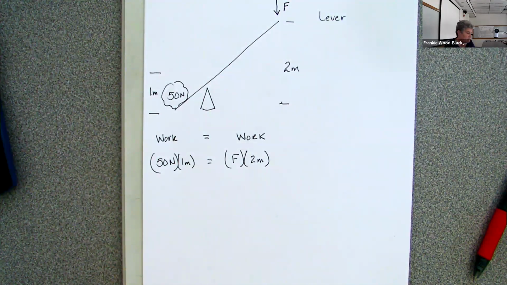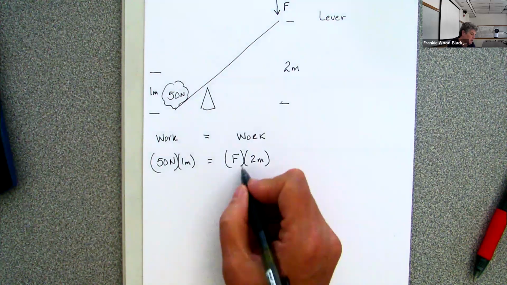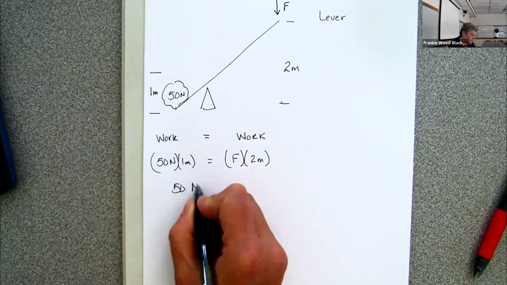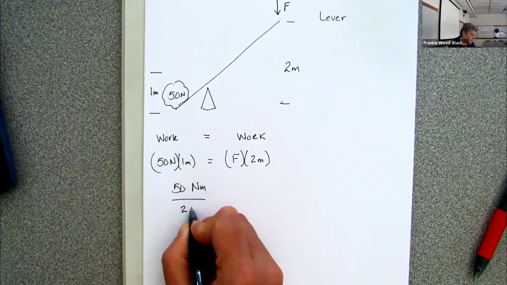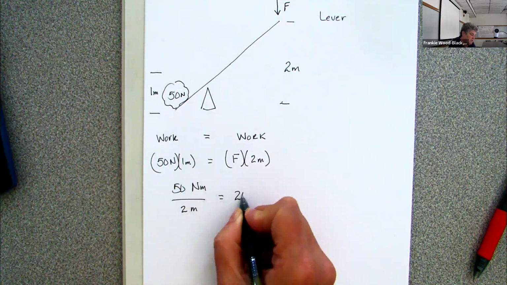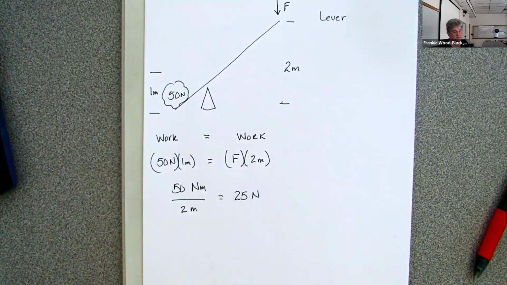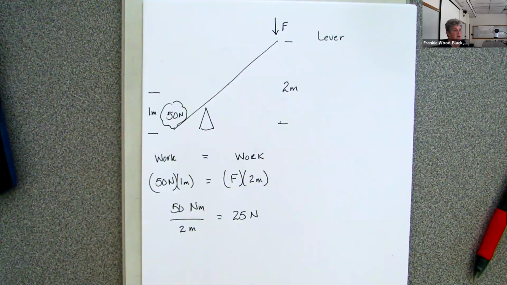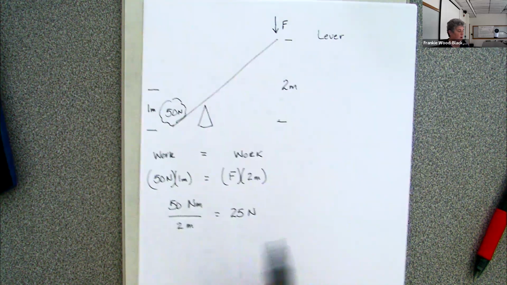Those two things have to equal. So the force that I have to apply is going to be 25 newtons. So my lever gives me a bang for my buck. And one of the things that you notice is we've lost our vector aspect of the system. So that's one tool that we have.